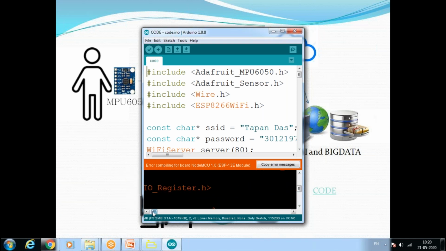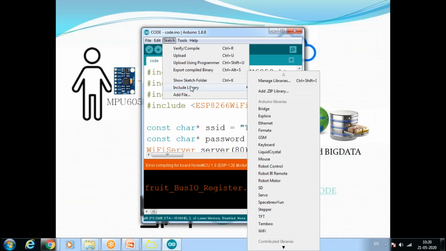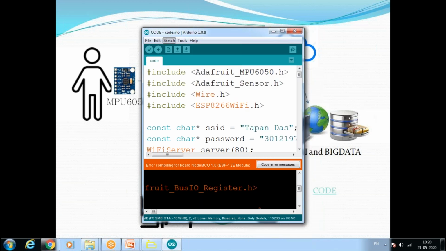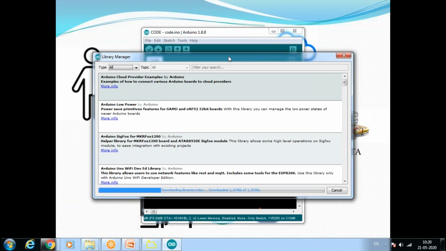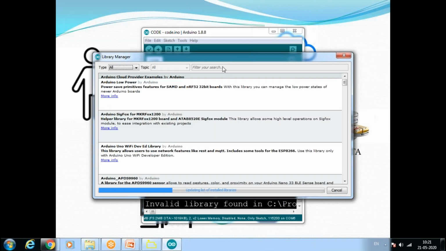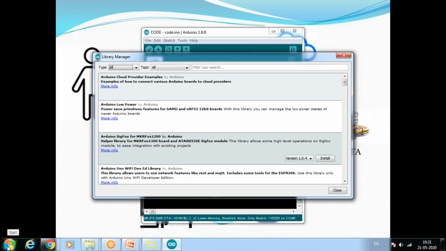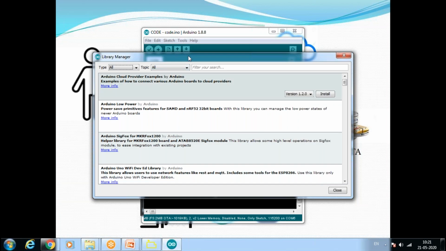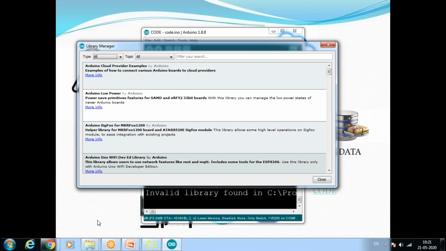Okay, it is saying that Adafruit BusIO register is not there. So when you use Adafruit libraries, they need certain pre-installed libraries too.